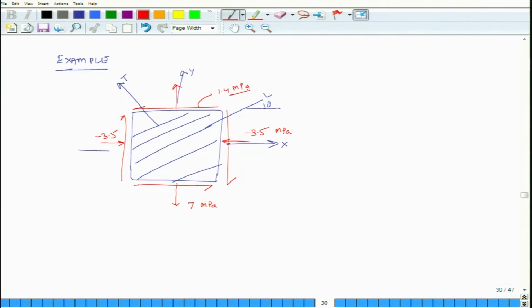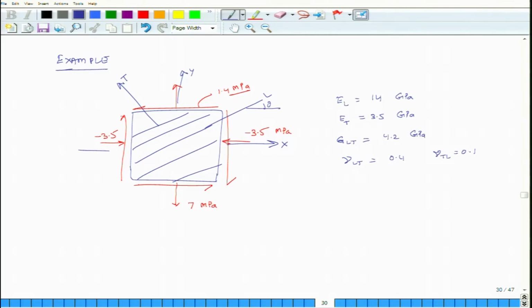So, given this stress state and the material properties, which are EL equal to 14 GPa, ET equal to 3.5 GPa, GLT equals 4.2 GPa, and nu LT is equal to 0.4 and nu TL is equal to 0.1.